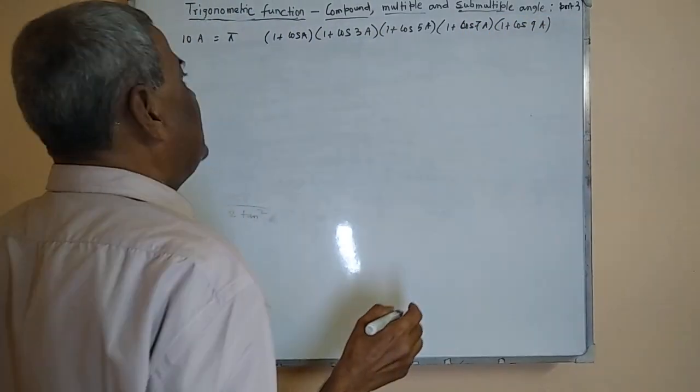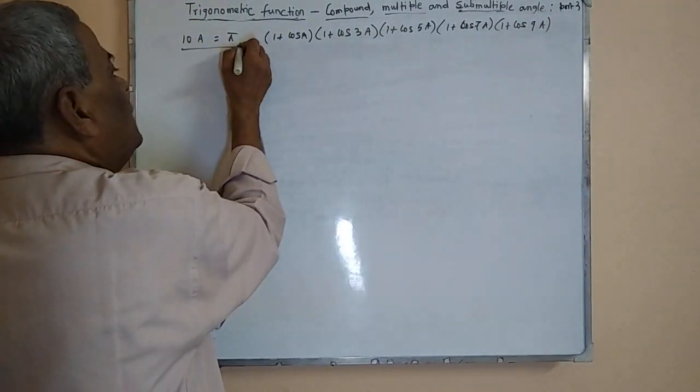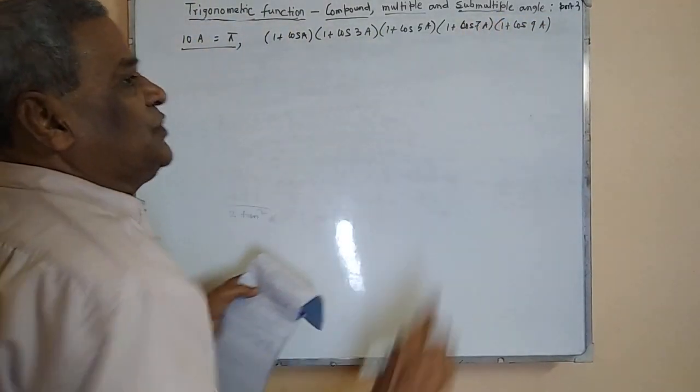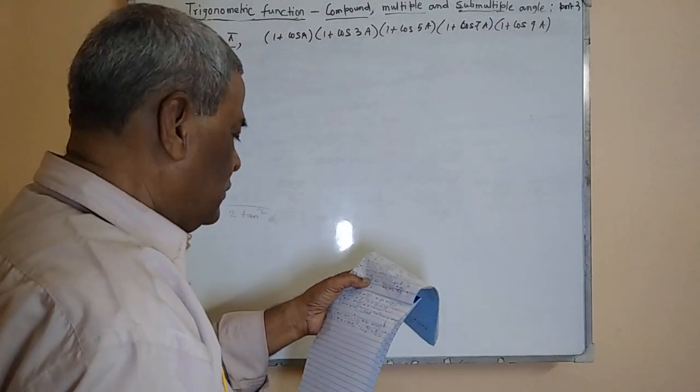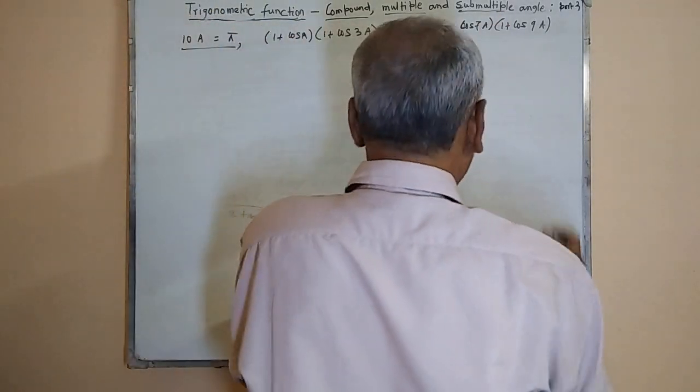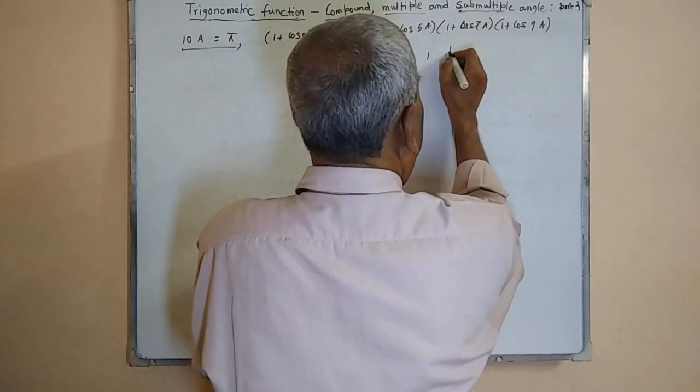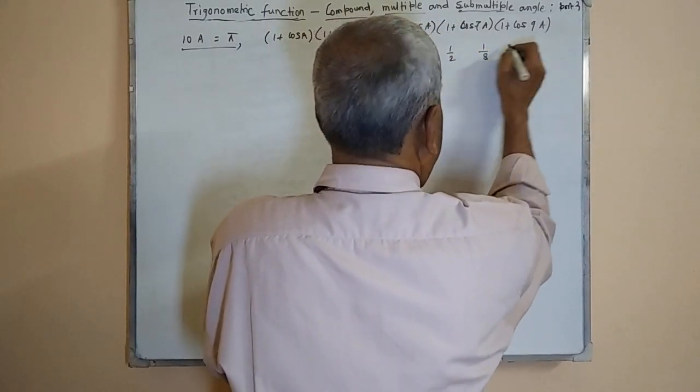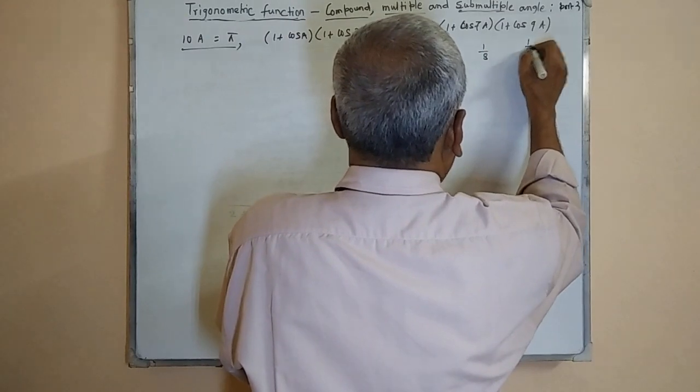Given this is equal to that, find the numerical value. So options are 1 half, 1 by 8 and 1 by 16.